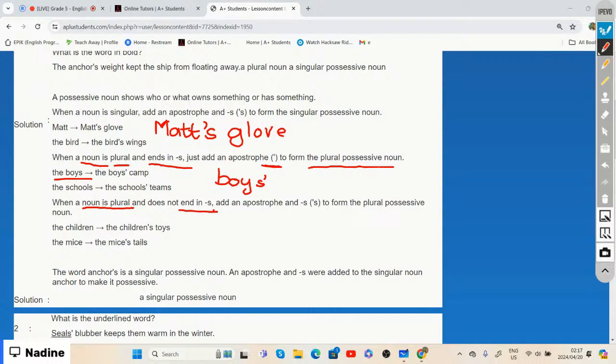And that is the difference. With plural possessive nouns, we need to put the apostrophe and the S there to show that that person or thing has something or owns something, whereas with plural nouns, we don't do that.